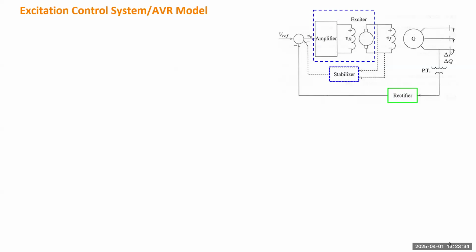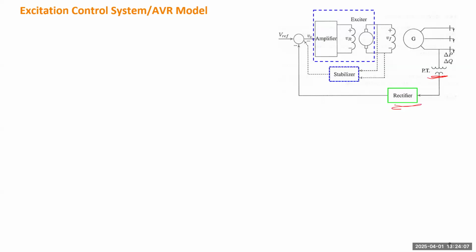Okay, so let's model this control system. At the terminal, in order to measure voltage, you have to use a potential transformer. A potential transformer is just one type of sensor. It gives you a low voltage signal proportional to the actual high voltage at the terminal. But this will be a three-phase voltage. In order to convert it into a DC voltage, you have to use a rectifier.